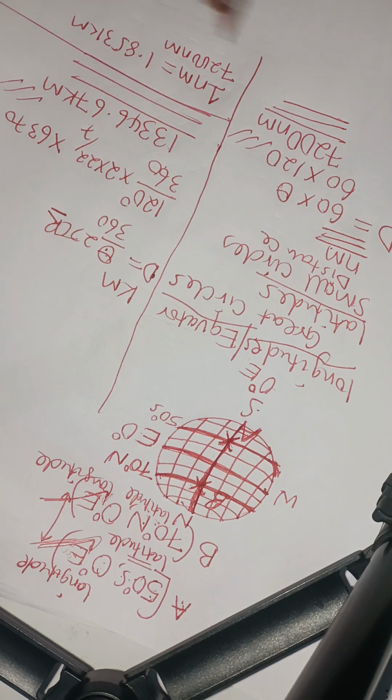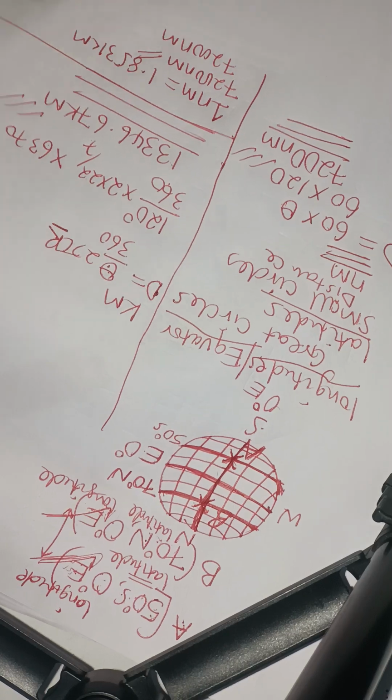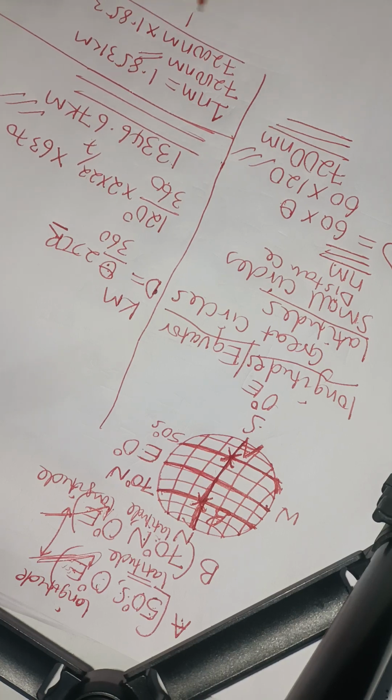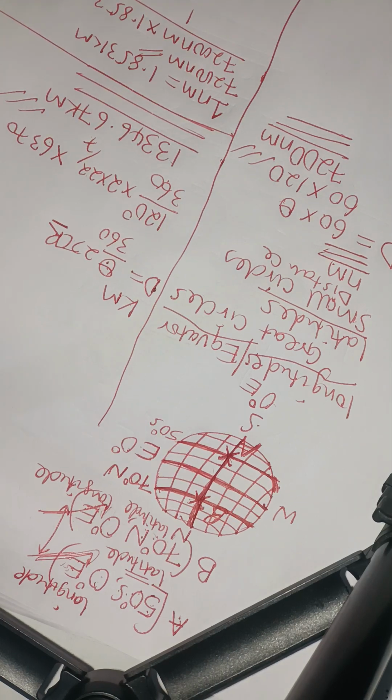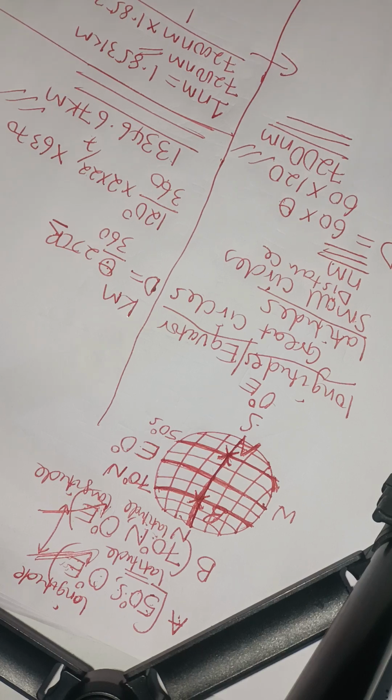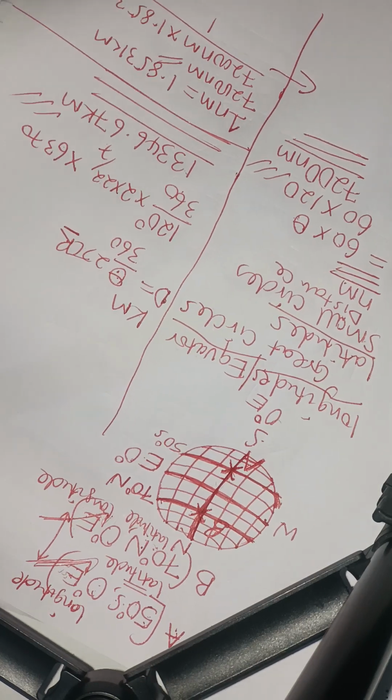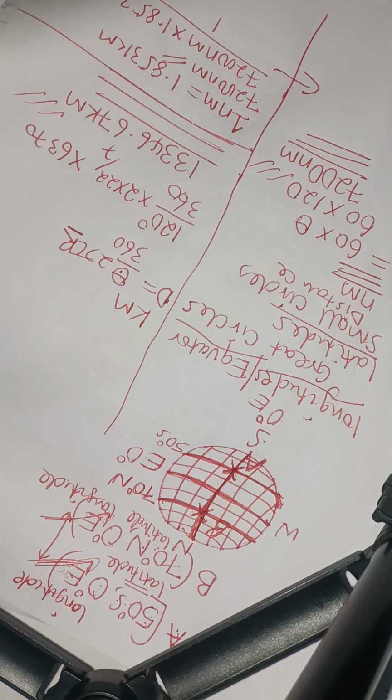You can as well do that. You just say 7,200 nautical miles multiplied by 1.853, so that you can get the answer for that. So let's see what you're going to get as our answer.